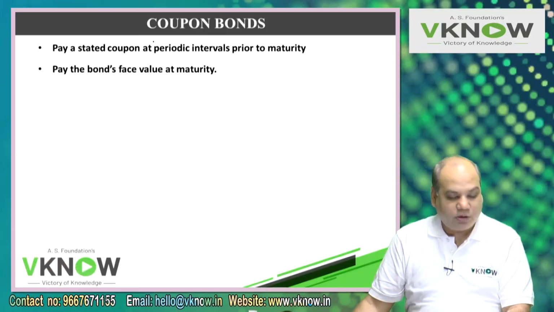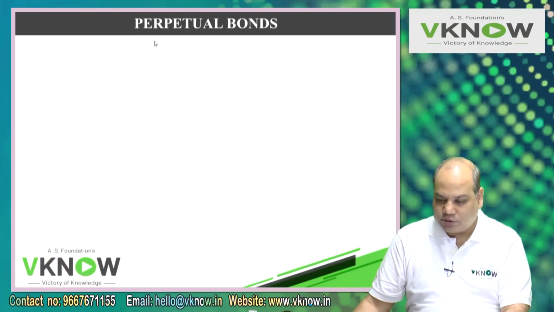Now in this chapter, the most important type of bond is coupon bond, because maximum questions will revolve around coupon bonds. Now we'll come to the second one, that is perpetual bond. What are perpetual bonds? Perpetual bonds do not have any maturity date. They will just continue to pay interest year after year.